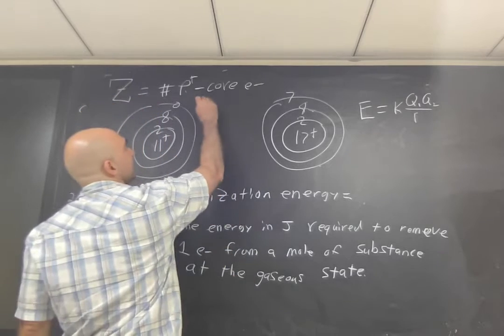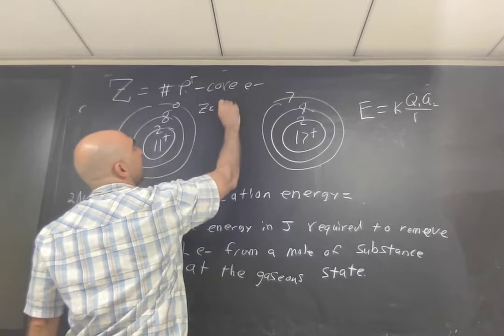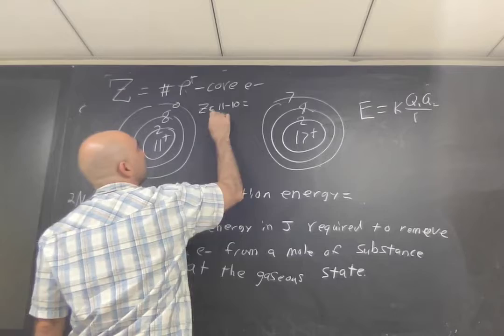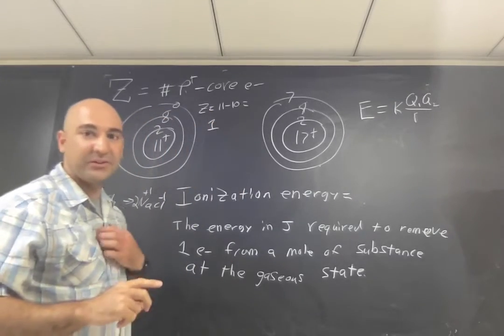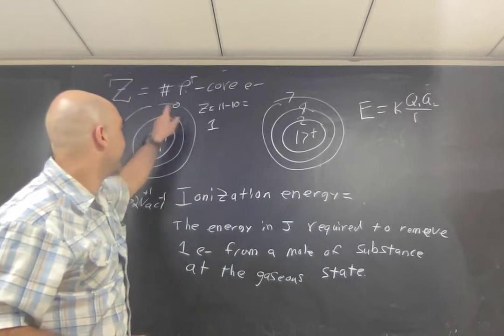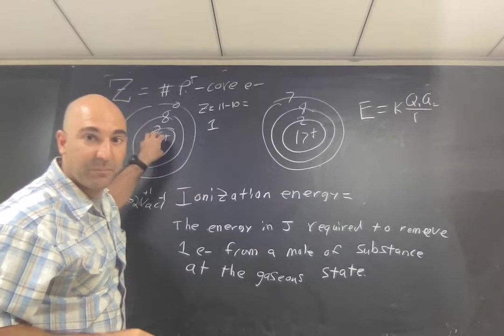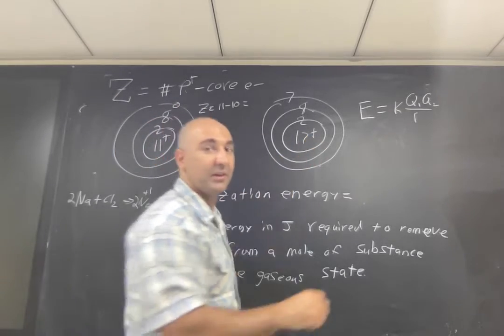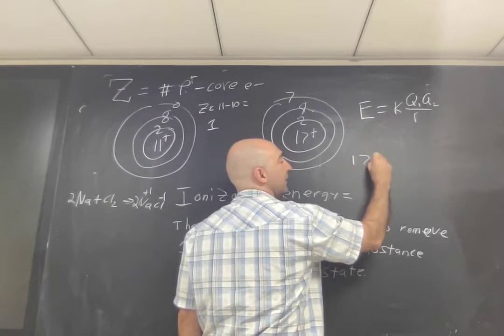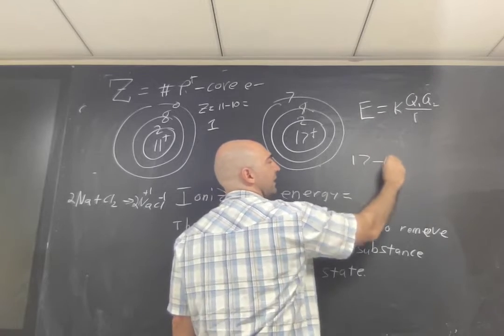So if I look at Z of sodium, it's going to equal 11 minus 10, which equals 1. And that is the effective nuclear charge that this electron feels from this nucleus. That's the amount that it's being pulled in from the nucleus. Whereas with chlorine, it's equal to 17 minus 10.